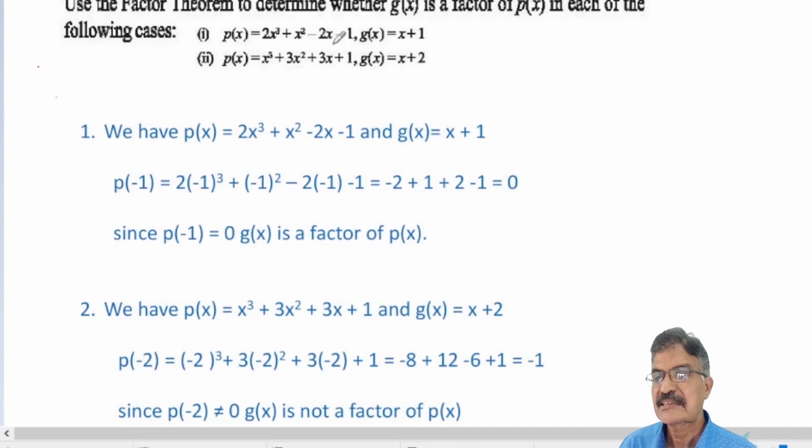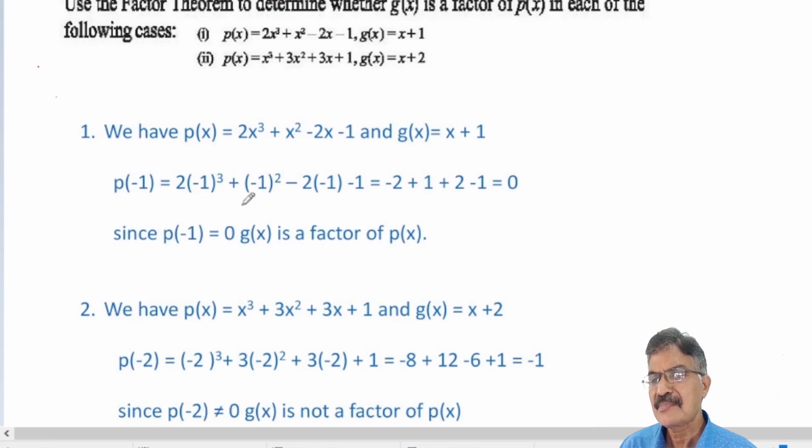The 0 of g(x) is minus 1. So, p(minus 1) is equal to, substitute x with minus 1 and do the necessary arithmetic, we will get the answer as 0. So, since p(minus 1) is equal to 0, this g(x) is a factor of p(x). p(minus 1) is the remainder. The remainder is 0, then g(x) is a factor of p(x).